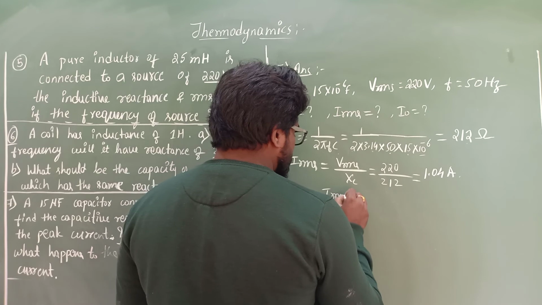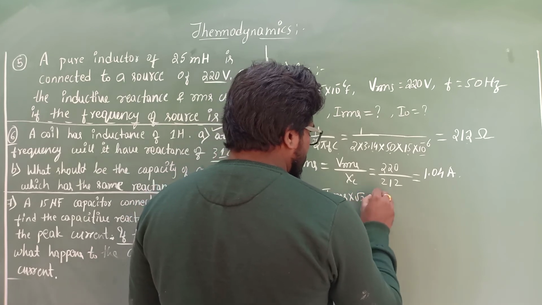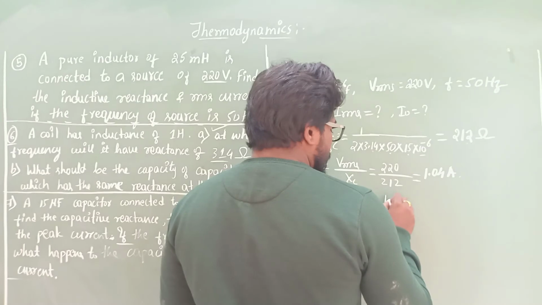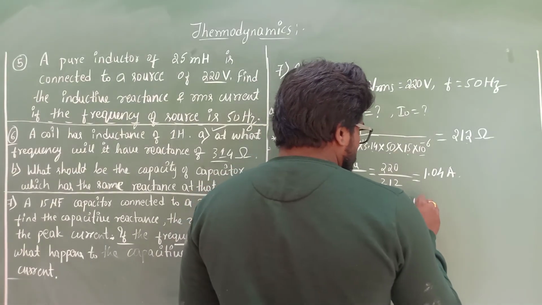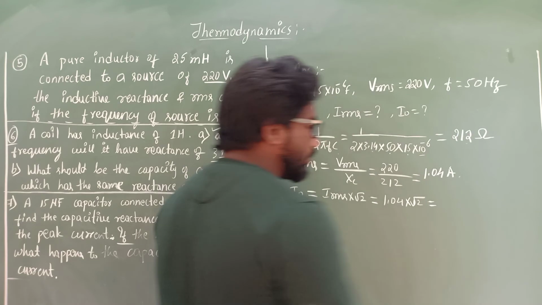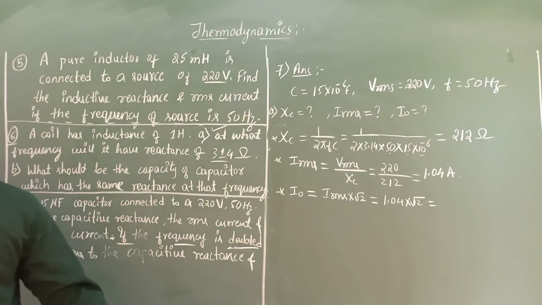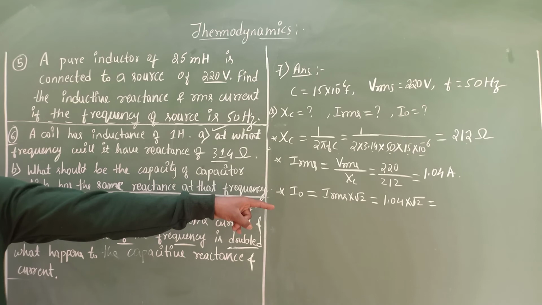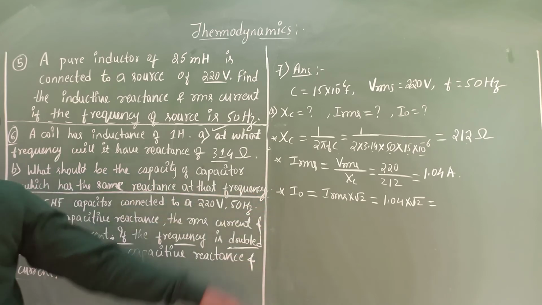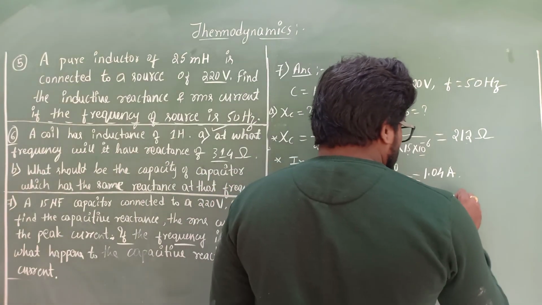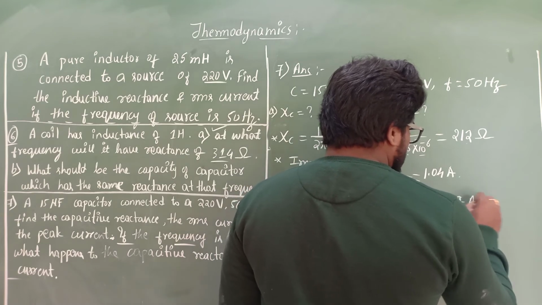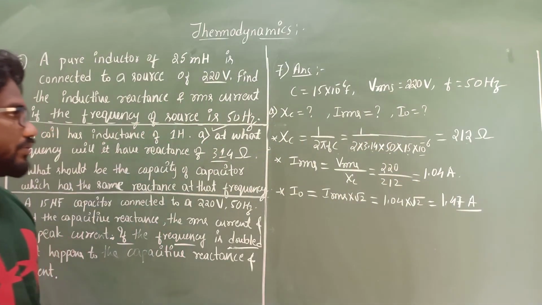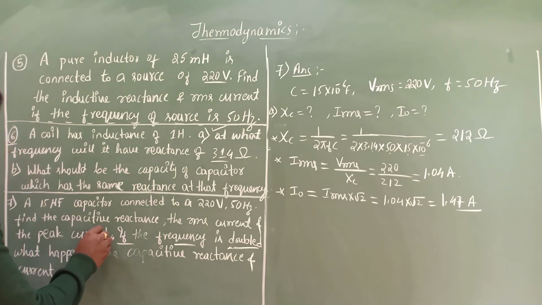You have the formulas list, go through it. So 1.04 into root 2, where root 2 is about 1.4. Multiplying, you get 1.47 ampere. So the first part of the question is done. They have asked three things in one single question.